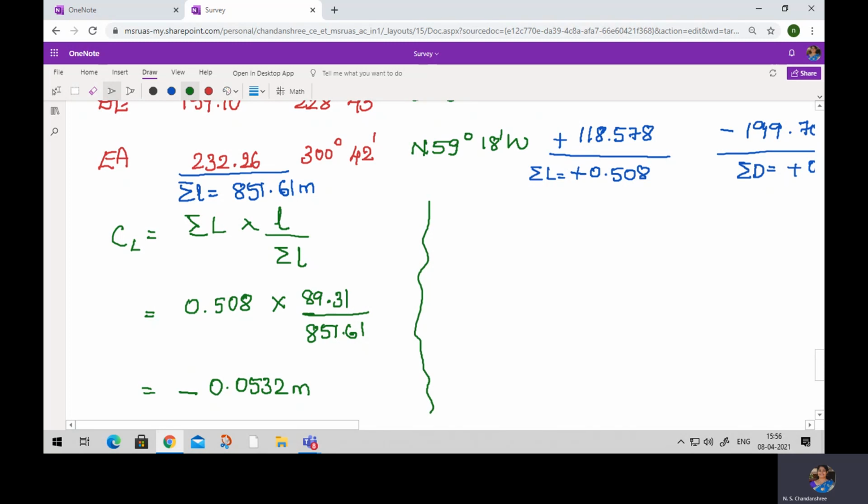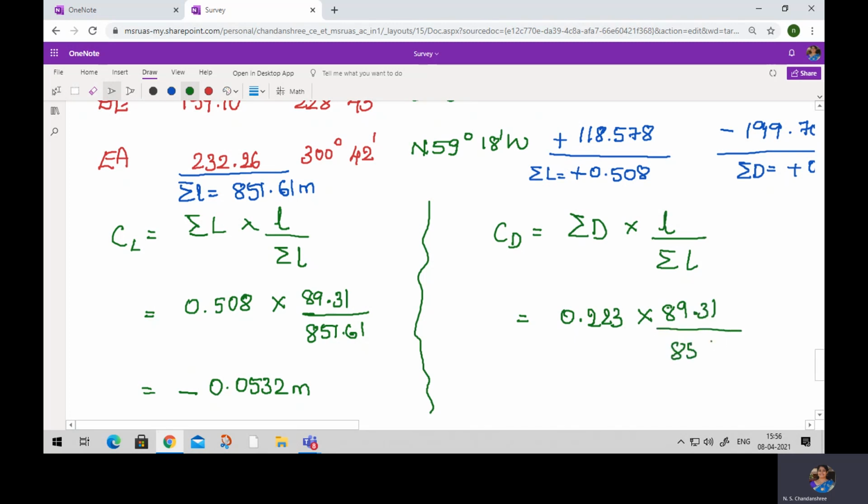Similarly, the correction for departure for the line AB is given by the total error in departure multiplied by the length of that line divided by the perimeter of the traverse. That is how we calculate the correction using Bowditch's rule. The total error in departure is 0.223 multiplied by the length of the line AB, 89.31, divided by the perimeter 851.61 meters.